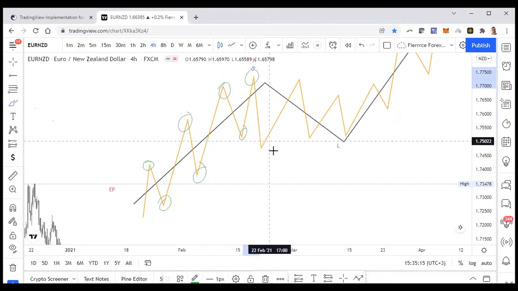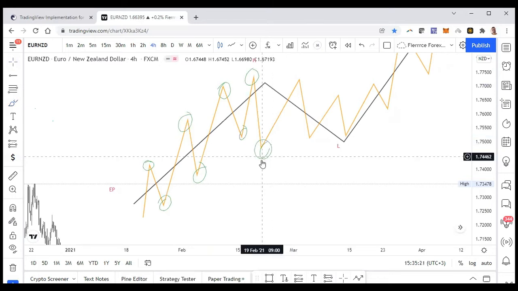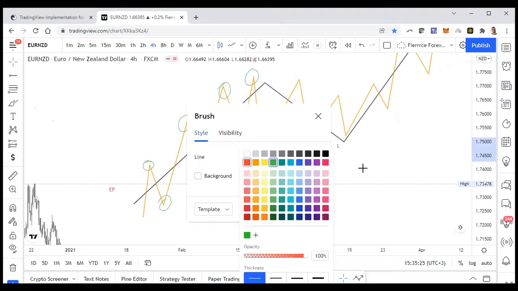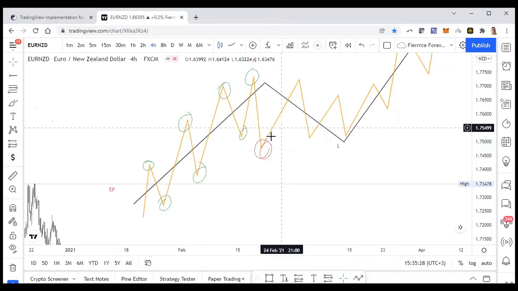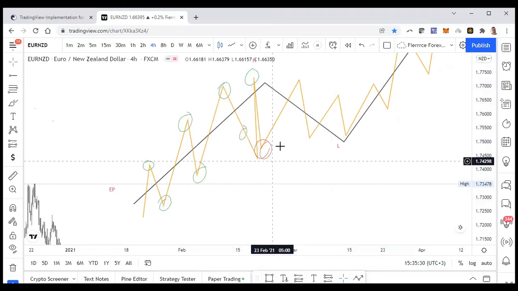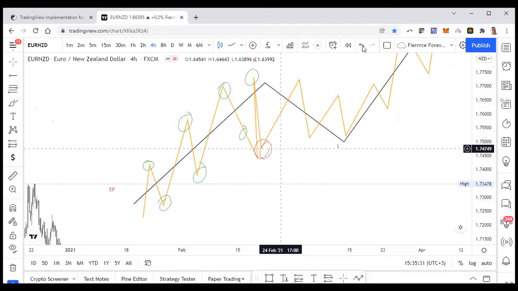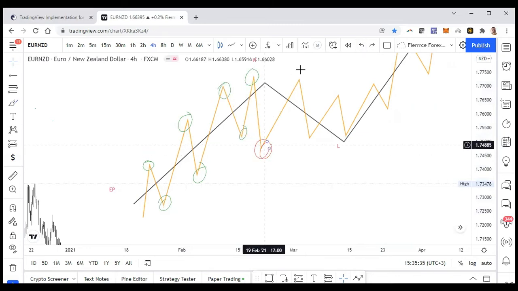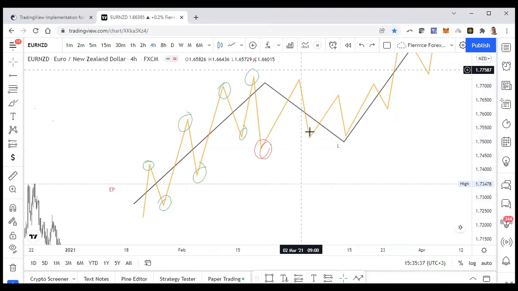Maybe I could make this red. This is the first potential violation that is maybe telling me we are in a downtrend. However, we push up again, and then push down again.